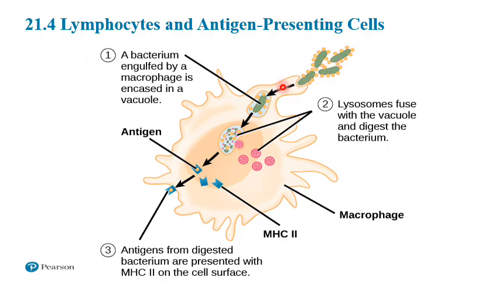It is now going to be swallowed by this big macrophage, and then the macrophage is going to digest it. Once it is digested, all of those small units of antigenic markers will be inside the cell.